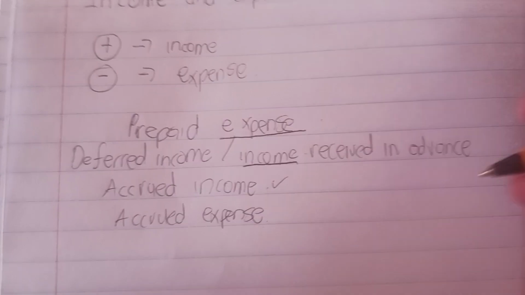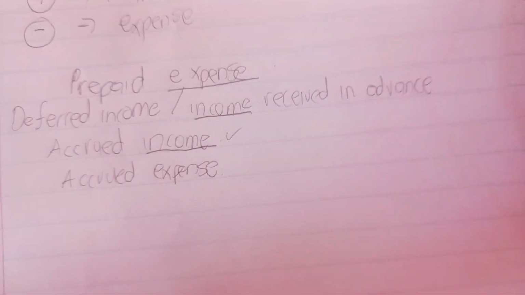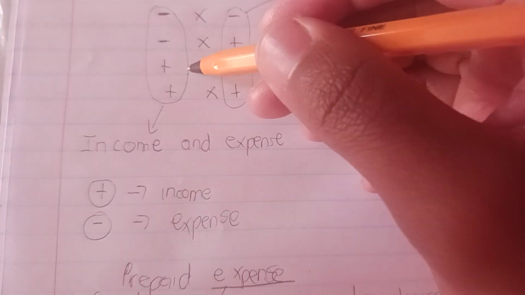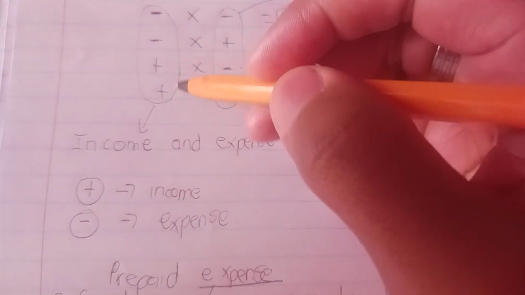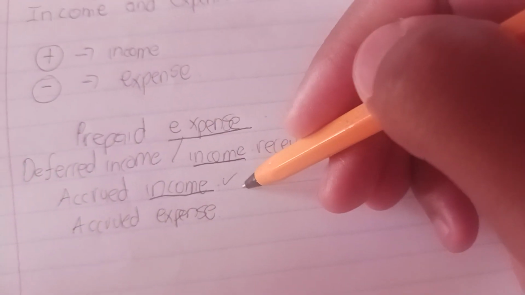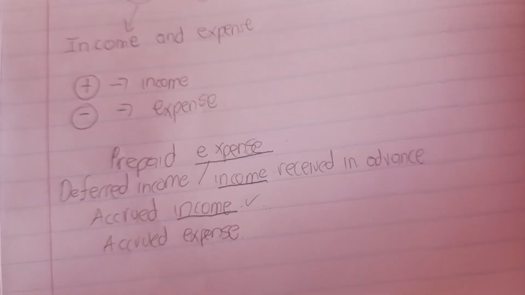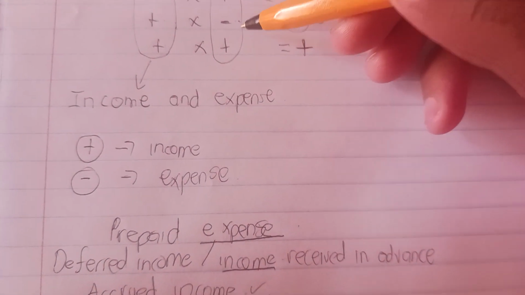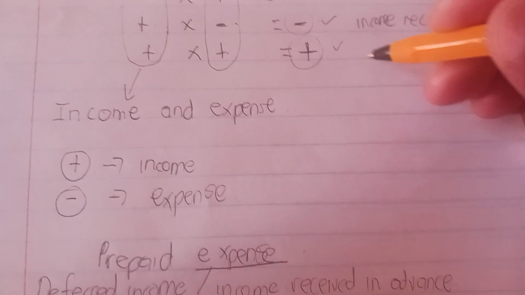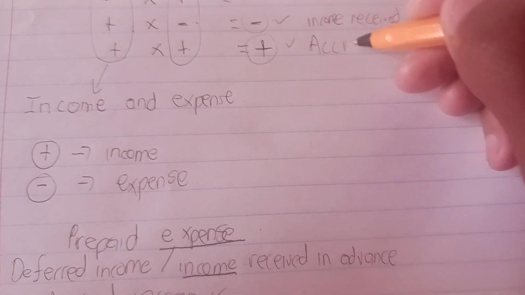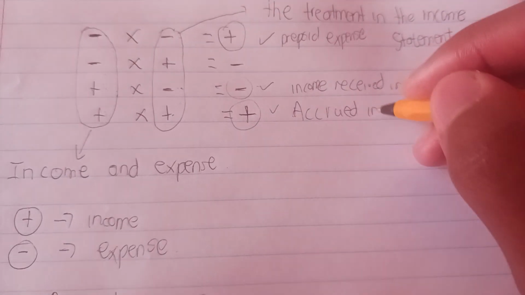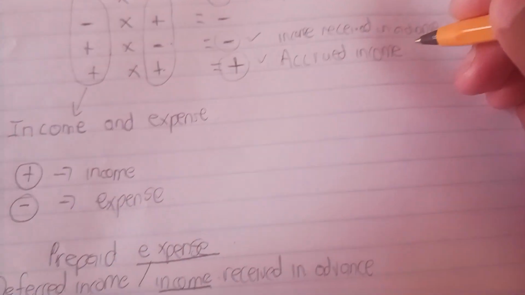So underline income. So yes, it's an income. So it's one of these two. Okay, so this guy is taken. So it's this guy, right? So it's an income. And then what do you normally do with an accrued income in the income statement? You add it, right? So it's plus plus. The outcome will be a plus when doing the correct net profit, accrued income. I hope you guys understand.